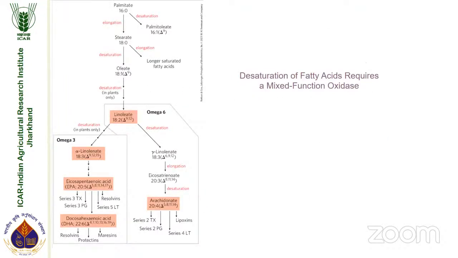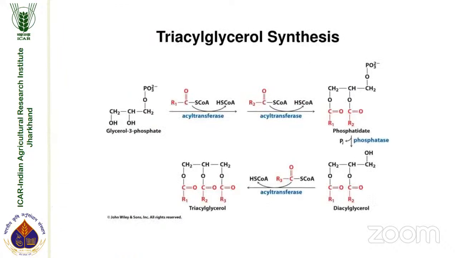Once a fatty acid is synthesized, how is it used? Triacylglycerol is a part of most of the storage lipids, so how are these lipids synthesized from fatty acids? This is a very common question. This is glycerol 3-phosphate. The glycerol part comes from dihydroxyacetone phosphate and glyceraldehyde 3-phosphate.